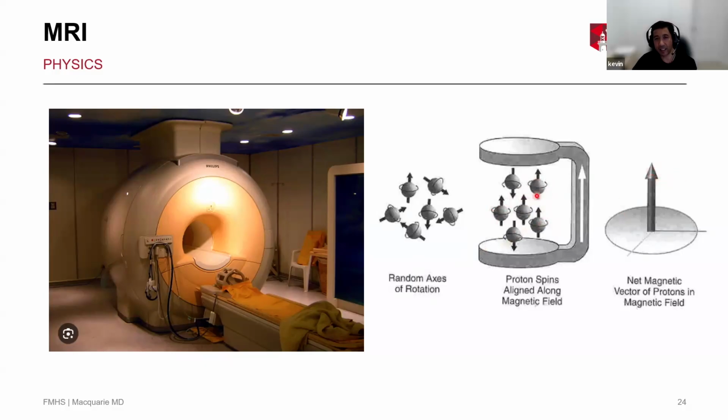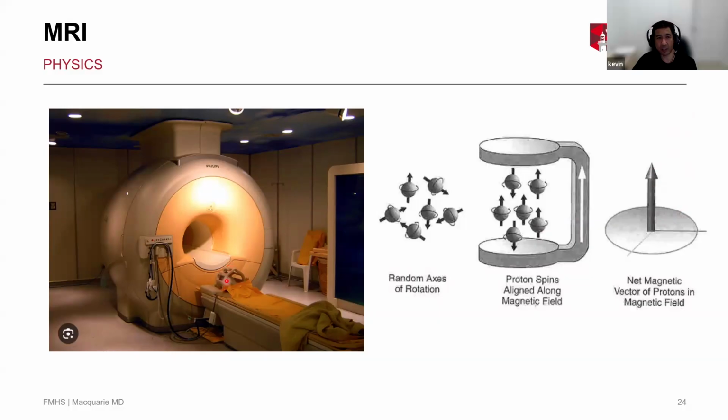So these things are in the magnetic field, happily spinning away. We hit them with a pulse of radio frequency, and they tilt. Then when we release that pulse, they go back to where they want to be. In that process, they re-radiate energy, and it's picked up by this coil.